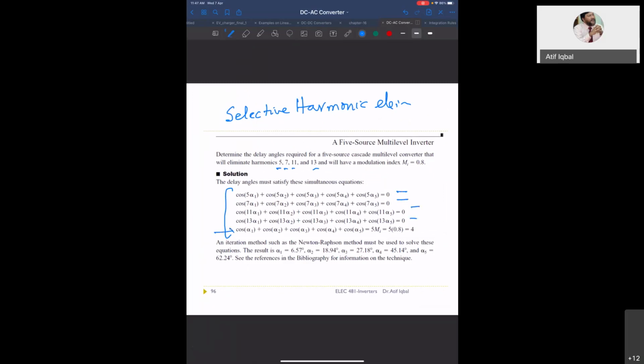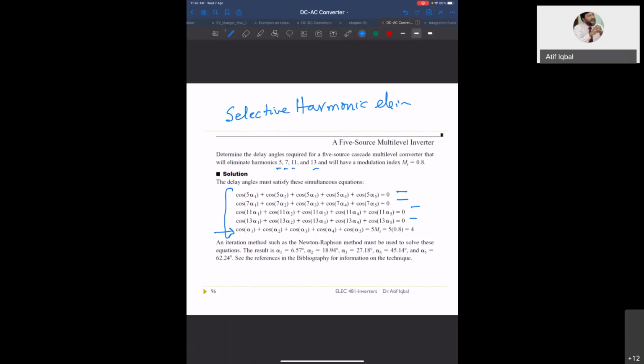And this is the standard equation for the modulation index: cos alpha 1 plus cos alpha 2 up to alpha 5 should be equal to 5 times mi, and mi is given as 0.8. So you get these 5 equations. Now there are many methods to solve these 5 equations. We use those methods to find the different alphas, and these are the different alphas that we get.